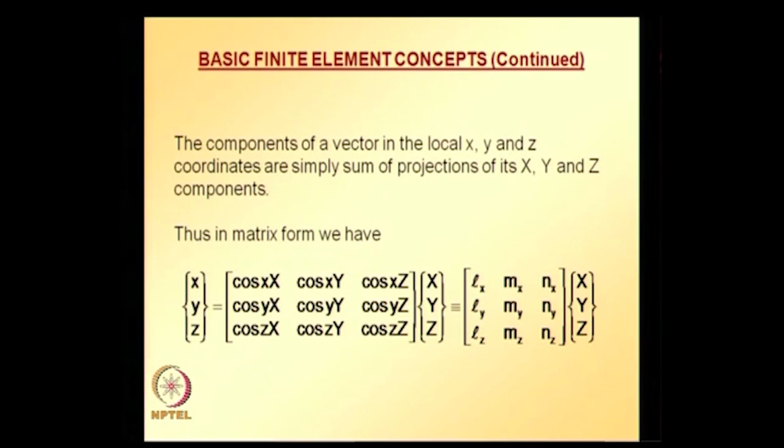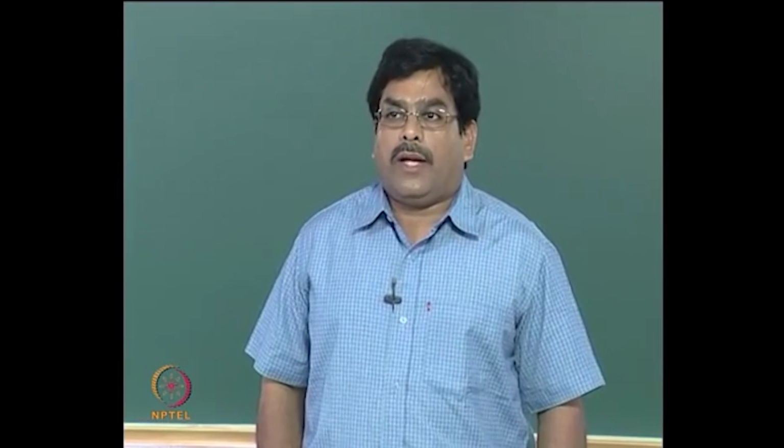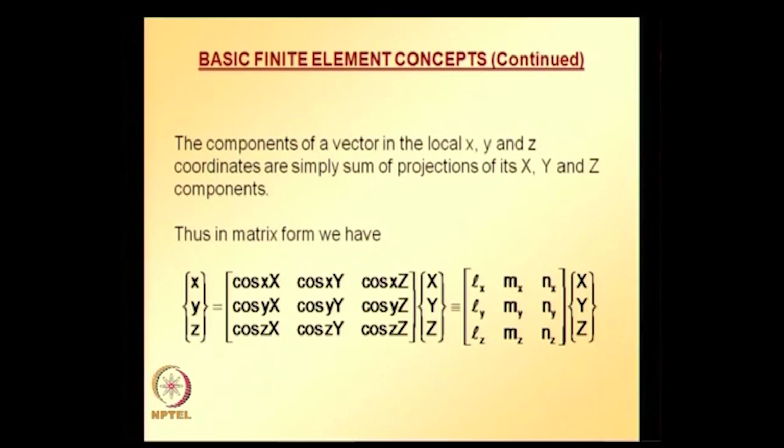So, the corresponding components appear in the transformation matrix and the coordinate system vectors. The cosine of small x and capital X is denoted using Lx. Similarly, other components are denoted using Lx, Mx, Nx, Ly, My, Ny, Lz, Mz, Nz. These are nothing but direction cosines.